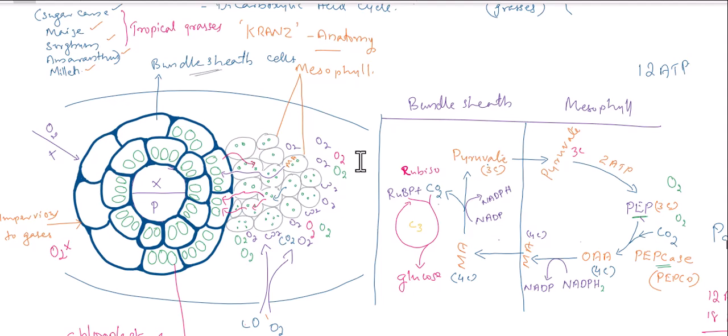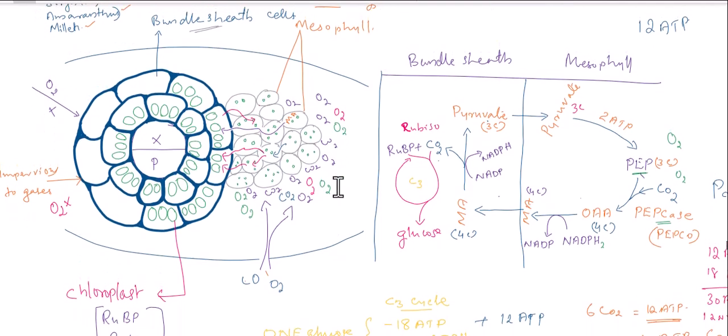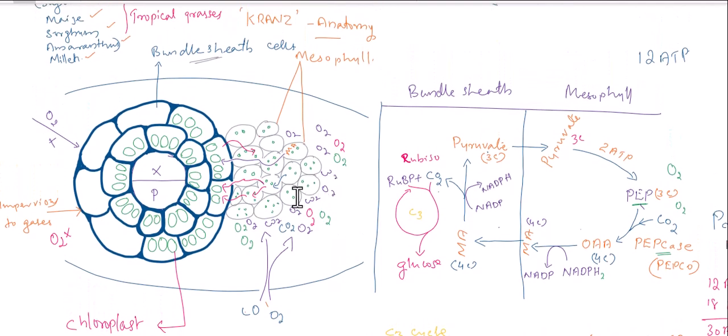The plants showing this special type of photosynthesis developed special modifications in their leaf. If we take a section of the leaf, a special type of anatomy can be seen here.